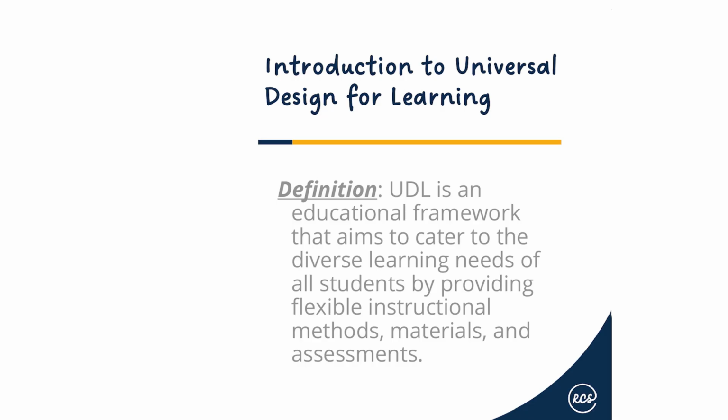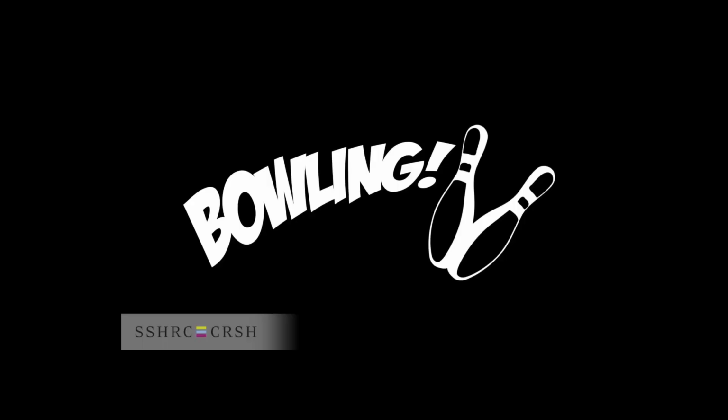And so as we start to work in universal design and we start to put up some technology assignments and things that our students need to access digitally, we have to make sure that they can access those, by making it so that they can actually get to it. So this is a quick video that kind of gives a really good analogy of what UDL looks like in education.